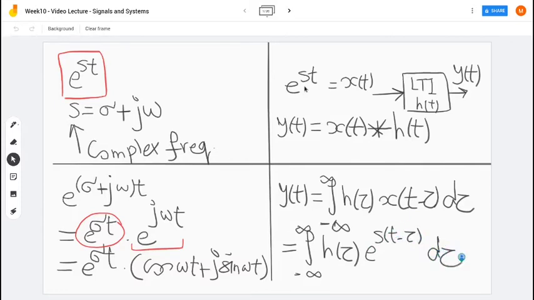So now this complex exponential can be divided into two parts, e to the power st times e to the power minus s tau. And of course, e to the power st can be moved outside the integration because we are integrating with respect to a variable tau.